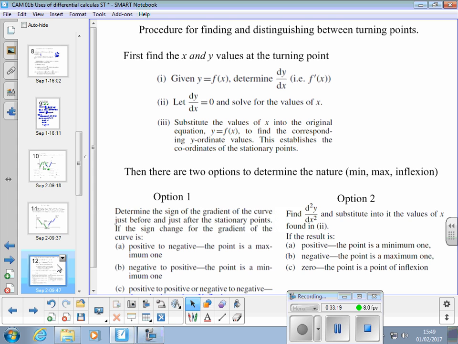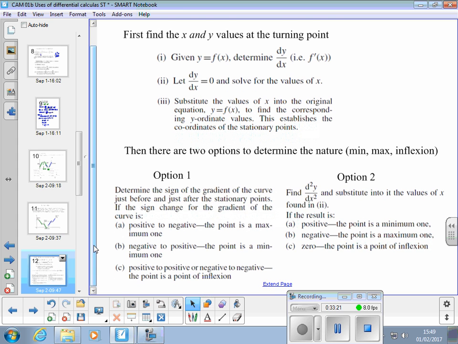To determine the nature, minimum, maximum, or point of inflection, there are 2 options. You can either determine the sign of the gradient of the curve just before and just after the stationary point. You need to be careful. You need to perhaps understand the function a little bit, because if you go too far either side, you could miss another turning point.